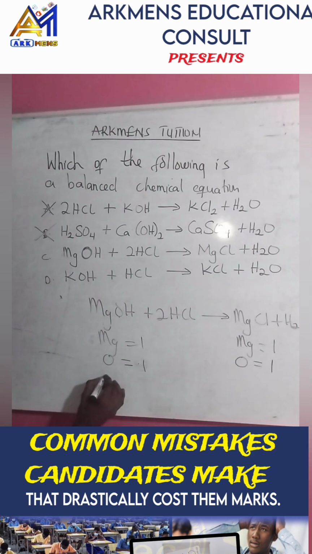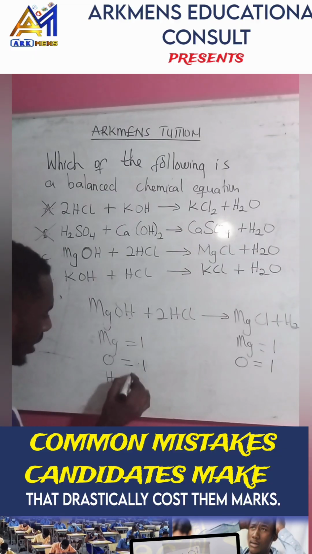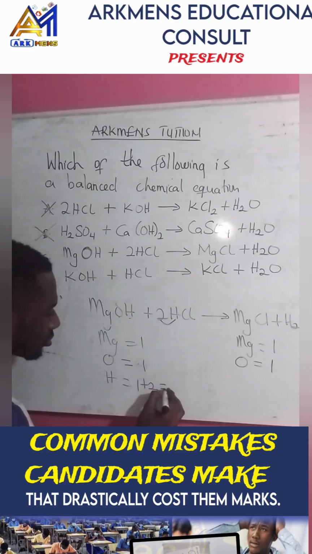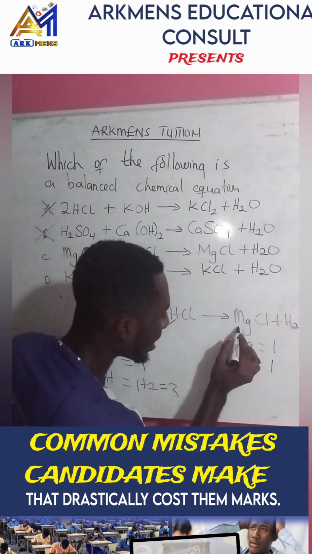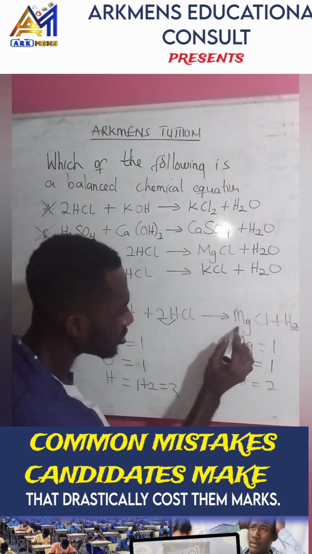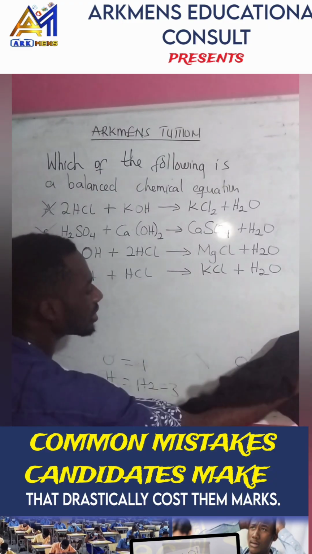We come to hydrogen. Over here we have 1, and this 2 means the hydrogen here is also 2, so plus 2. So we have 3 hydrogen here. On the right we have hydrogen 2 only. Is there any hydrogen again? No. So it's not balanced, simply meaning that this is also not a balanced chemical equation, making this also wrong. As simple as that. Let's go to the next one.